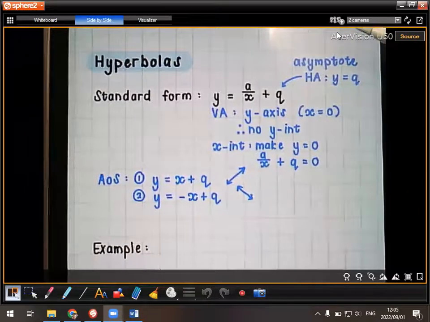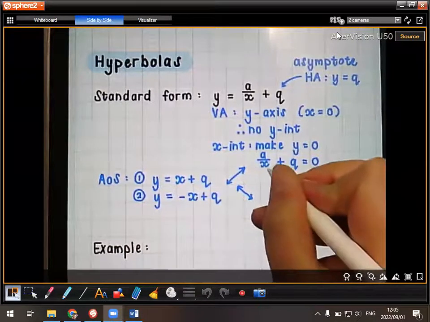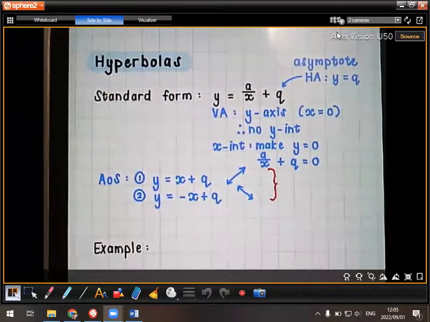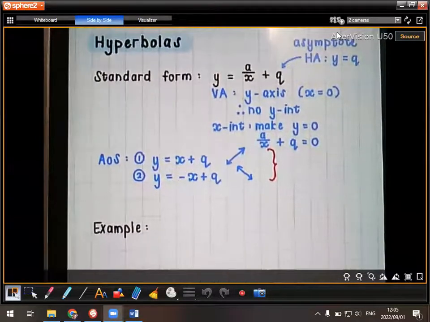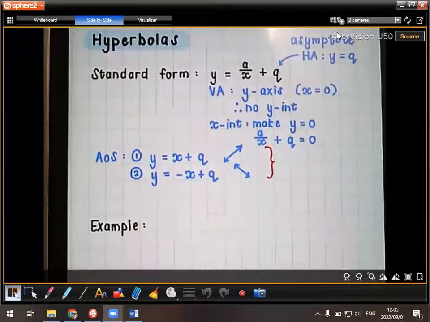One other thing that I do want to add to this is these two axes of symmetry, guys. You only draw them in if they state in the question that you have to.